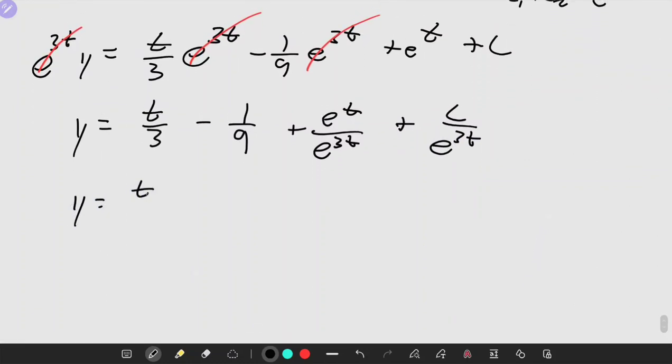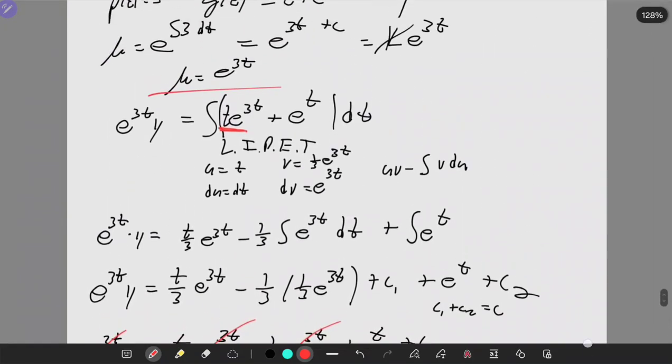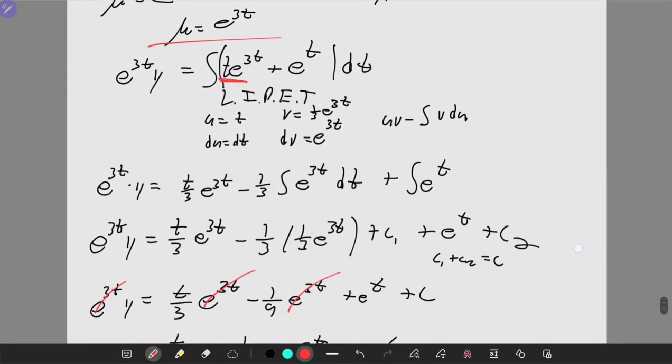Y is then equal to t over 3 minus 1/9 plus e to the t, so this will just become e to the minus 2t, or you can write it as 1 over e to the 2t, plus c over e to the 3t. And that's our solution to this problem, which should be what's up here, right? Yep.